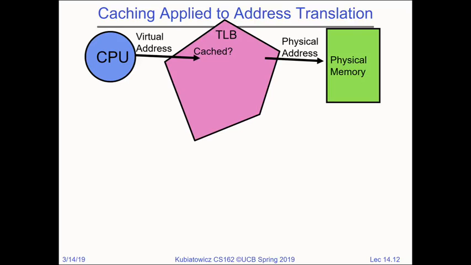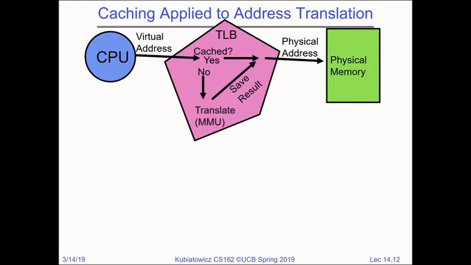We're going to use that as a cache, and ask, is this virtual address translation cached? If the answer is yes, then we get a really quick result. Then we don't have to go through the page table. Otherwise, we have to go to the MMU and translate. Pink, pentagonal, very important, okay?